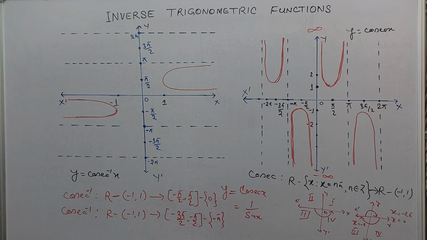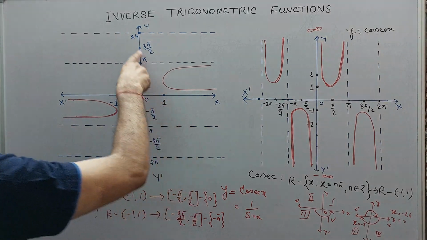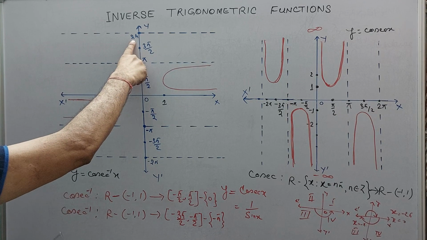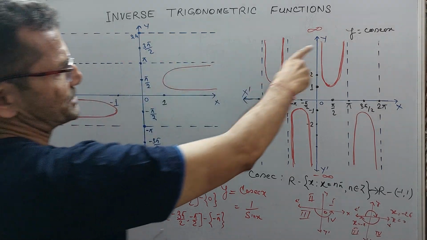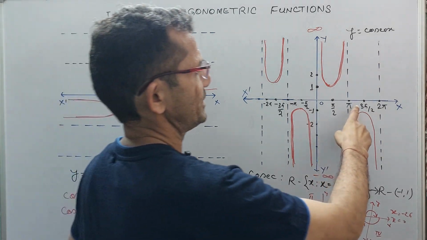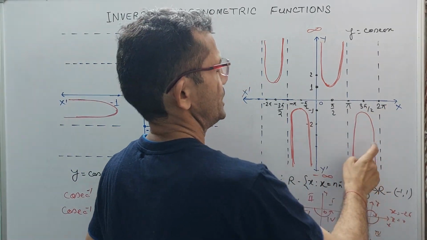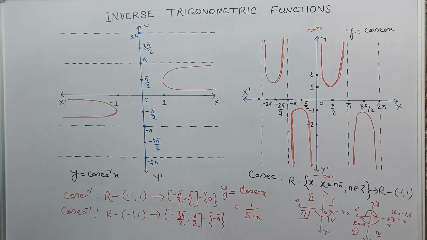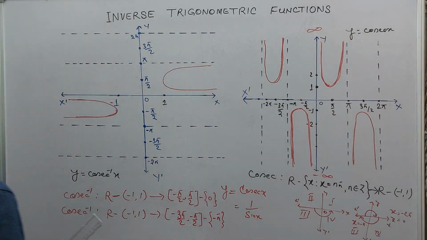Now next, for the interval pi to 2 pi, this is the third and fourth quadrant. Cosec x will be negative. The corresponding graph in the cosec inverse will be this one.